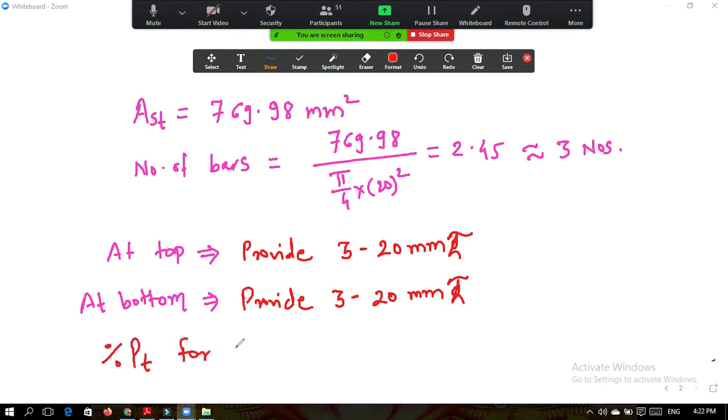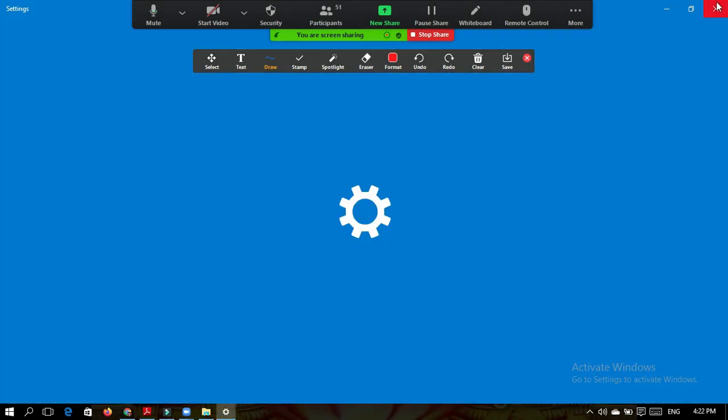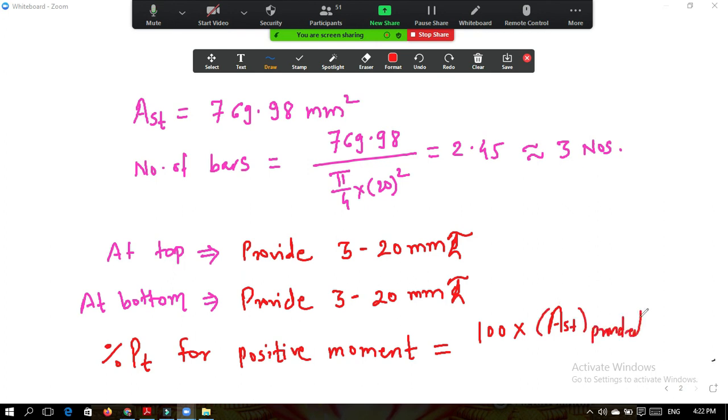Percentage of steel for positive moment is equal to 100 into AST provided divided by BD.